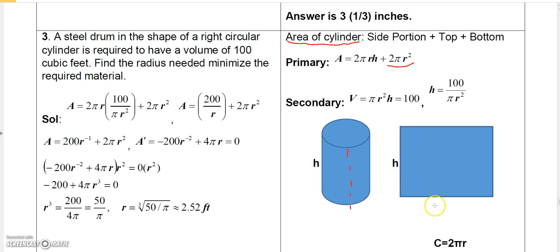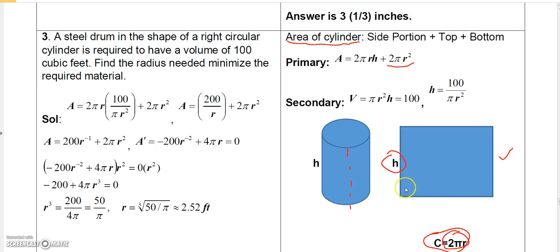Then you would get a rectangle like the one I've drawn right here. The dimensions of that rectangle would be the height, which is the distance from the bottom to the top, and then the circumference of the circle, because this dimension is just the distance around the circle. The circumference of a circle is 2 pi r.